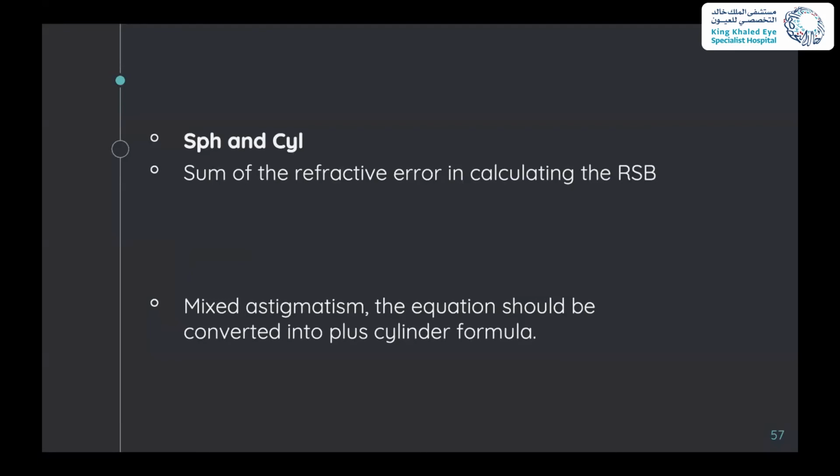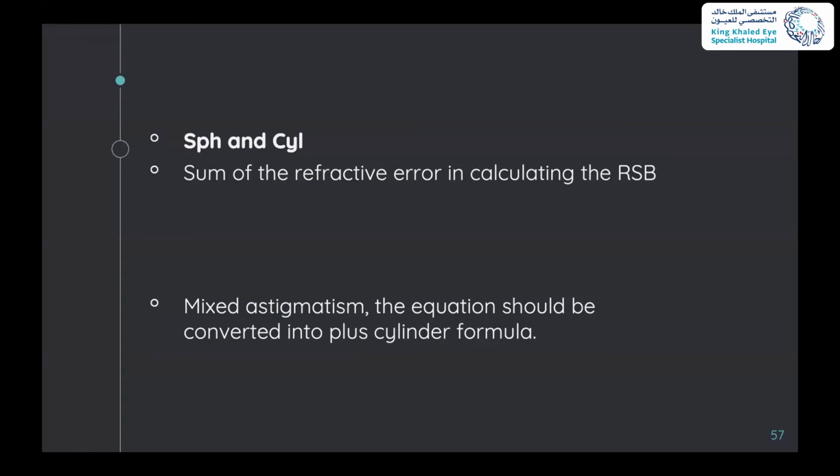If you're having sphere and cylinder, like a patient with myopia and astigmatism, then you need to get the sum of both refractive errors. For example, if the patient has -4 of myopia and 3 diopters of cylinder, then your calculation should be 7 diopters of refractive error to calculate how much each diopter will take.